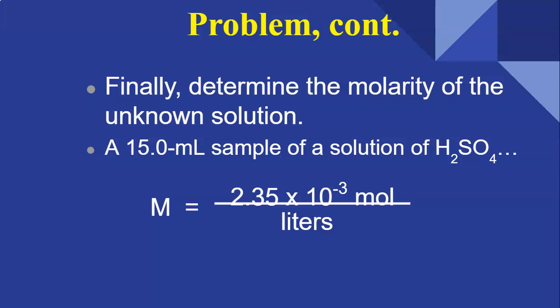My liters is given to me in my problem as 15 milliliters. So again, I have to convert to liters by dividing by 1,000, and I get 0.015 liters. I'm going to take 2.35 times 10 to the negative third divided by 0.015, and I get 0.157 molarity. So that is the molarity of my sulfuric acid in this titration.